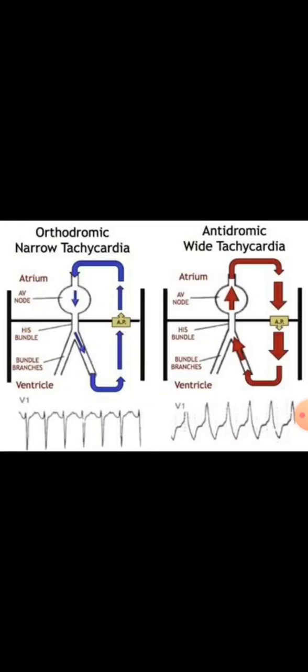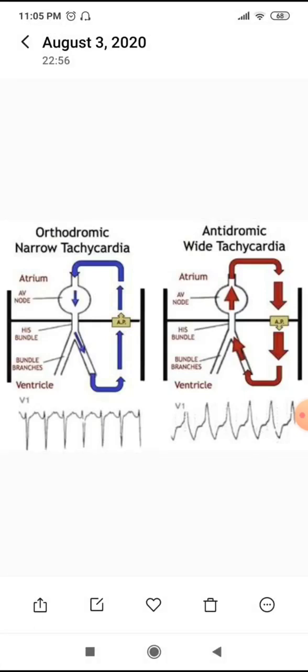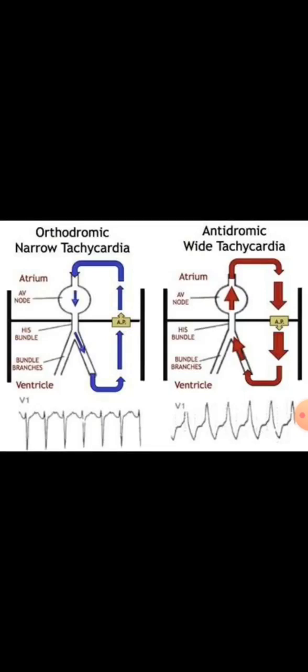If we look at the orthodromic pathway, it usually has a narrow complex that uses the AV node as the antegrade limb and the accessory pathway as the retrograde limb of the circuit. Antegrade means that the flow of the current is in the forward direction, and retrograde means it's in the reverse direction.